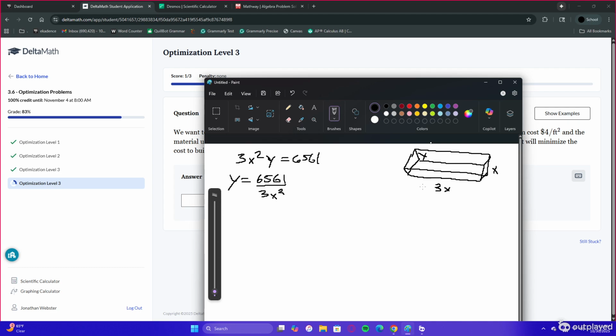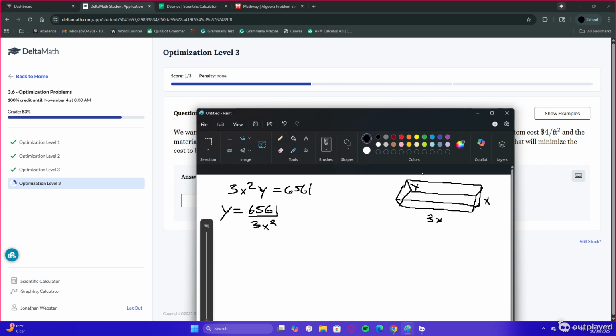So now that we have our y, we have to go back to our box and notice how we have to find the area of each side. So we have 4 sides in total, and then we have one top and one bottom. For our 2 longer sides, right here and right here, it would be 3x times y to find the area of those sides.